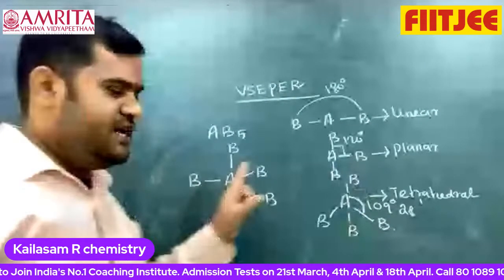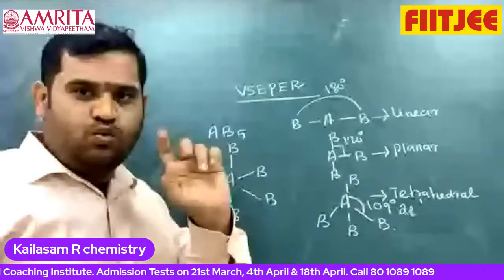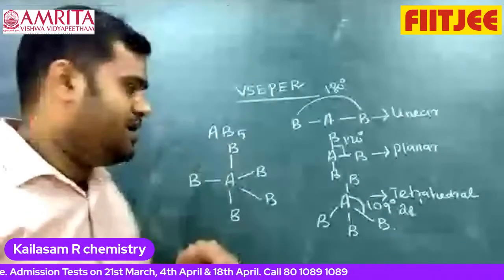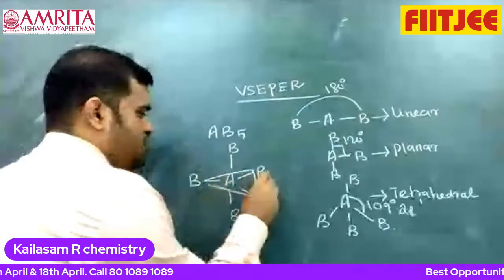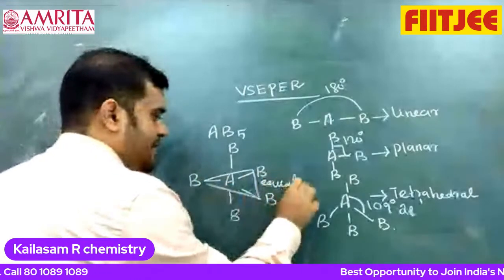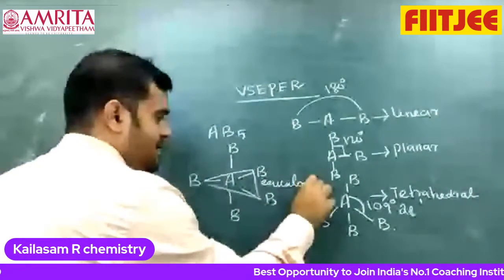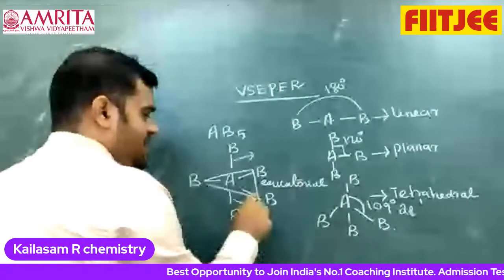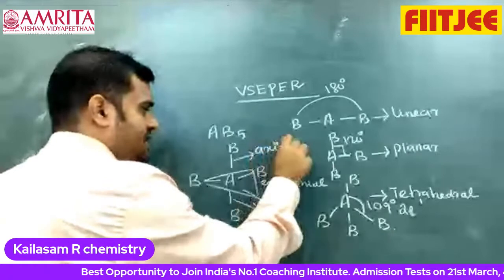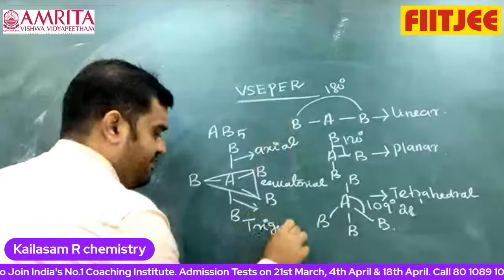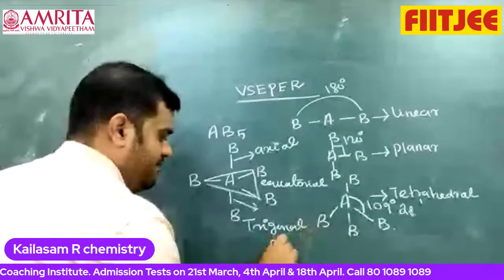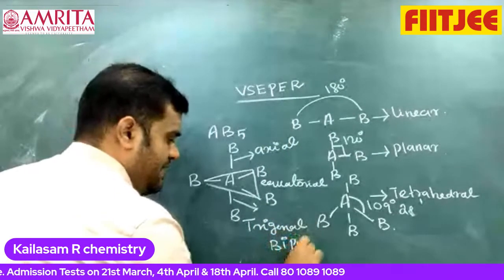In AB5, there are two types of bonds: axial bonds and equatorial bonds. These three bonds are called equatorial, and these two bonds are called axial bonds. Therefore, this is trigonal bipyramidal.